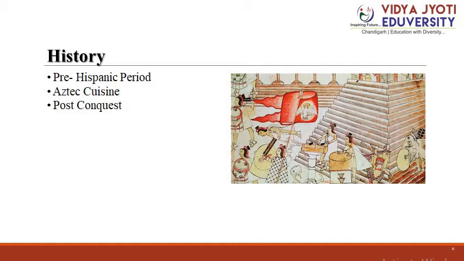According to Bernardino de Sahagún, the Nahua people of central Mexico ate corn, beans, turkey, fish, small game, insects, and a variety of fruits, vegetables, pulses, seeds, tubers, wild mushrooms, plants, and herbs that they collected or cultivated.